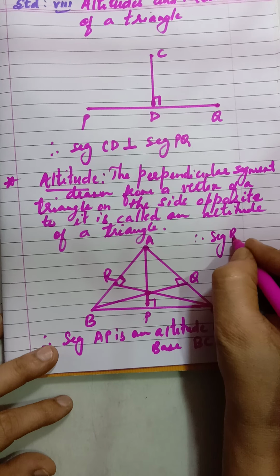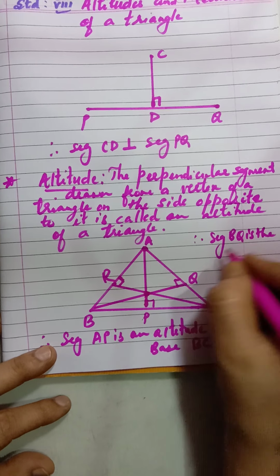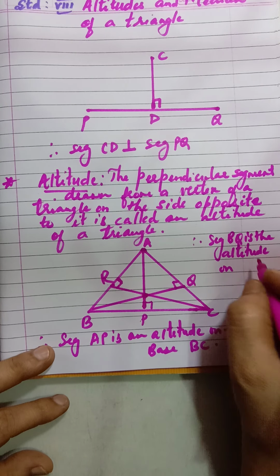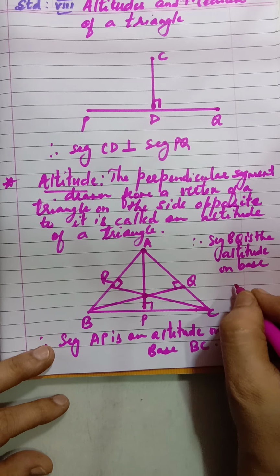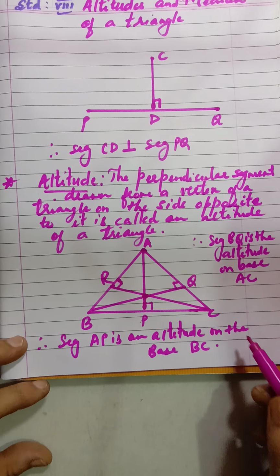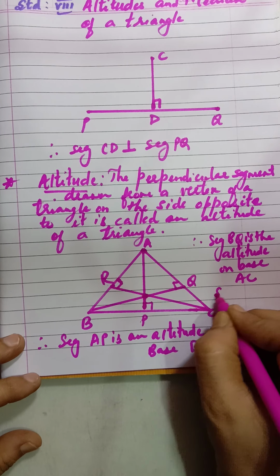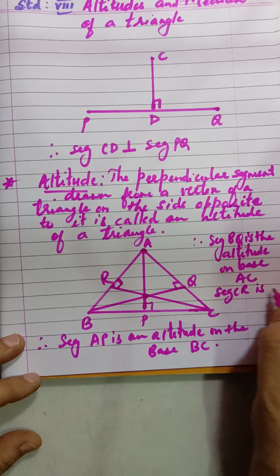Segment BQ is the altitude on base AC, right? And the third one is segment CR. Segment CR is an altitude on base, which base? AB, okay.